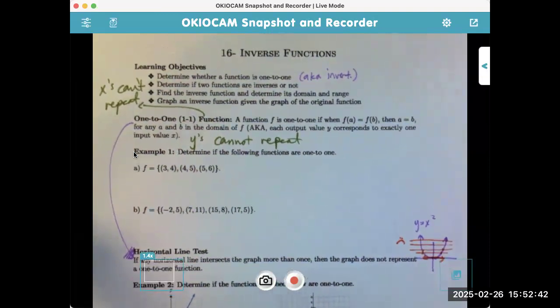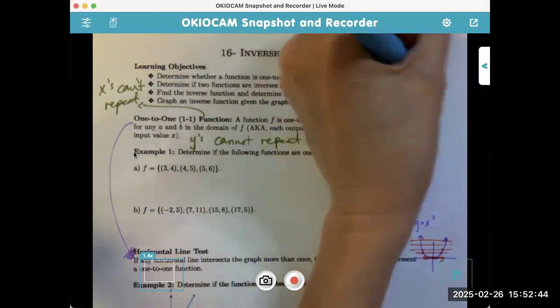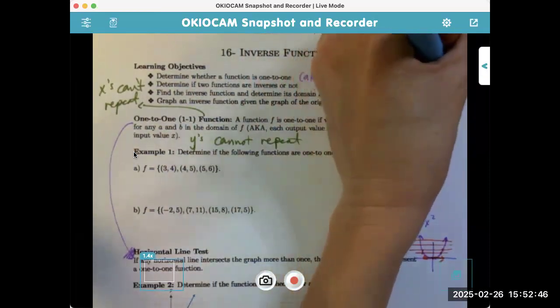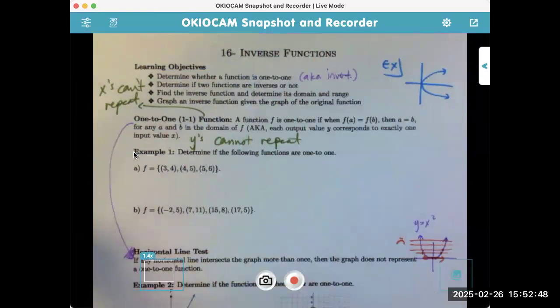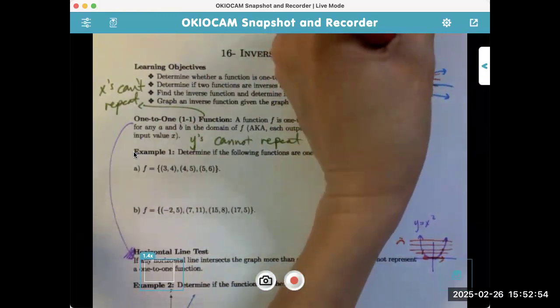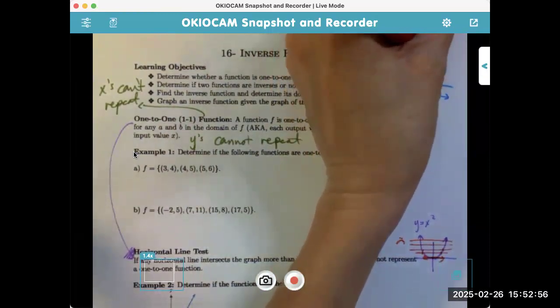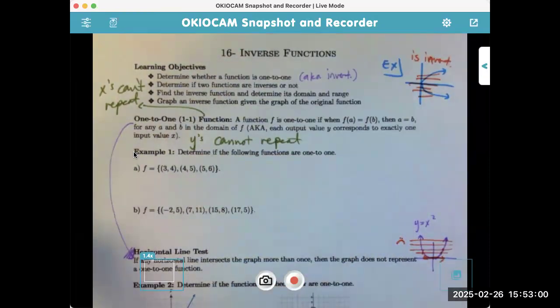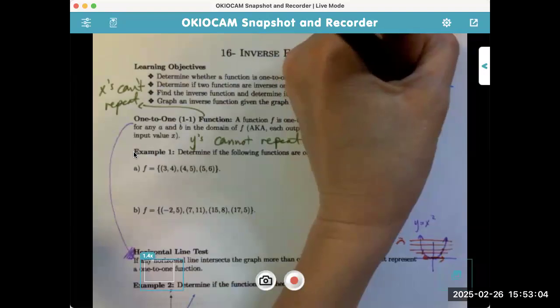So here, let's say a random example. We've discussed this already in class a little bit, but this, by the horizontal line test, is invertible. However, it fails because it's not a function, right?